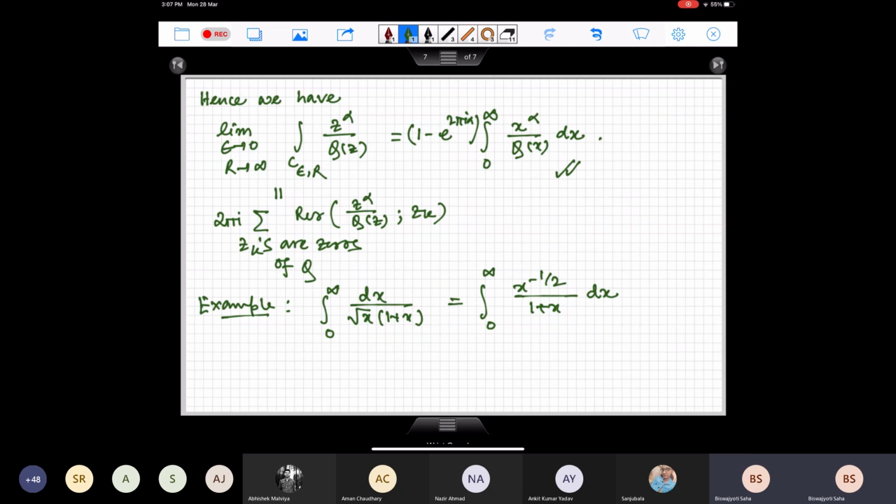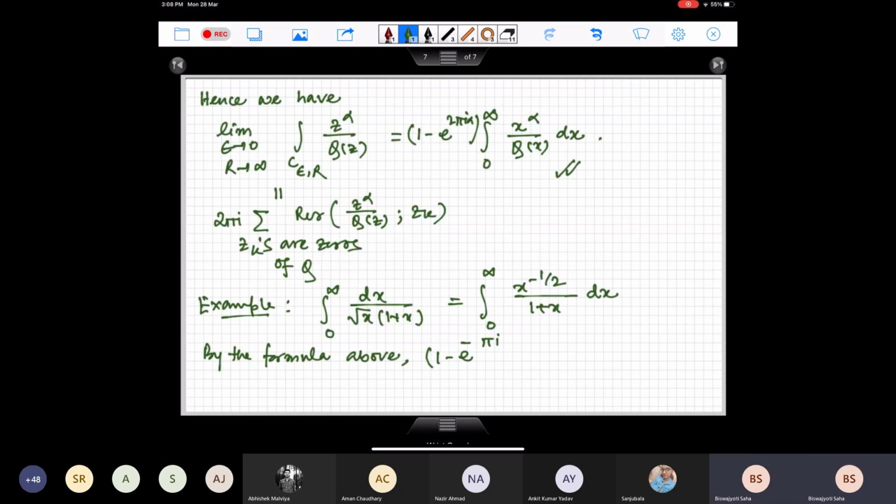In the denominator the degree is 1, so the distance between these two is at least 2. So that's fine, all good. So by the formula above, what do I have? By the formula above, I have 1 minus e to the power 2 pi i. What is my alpha? My alpha is minus half. So this is minus, and the 2 goes away.